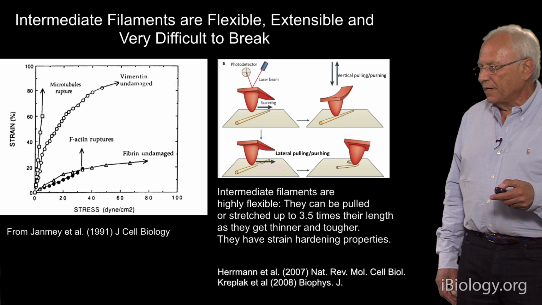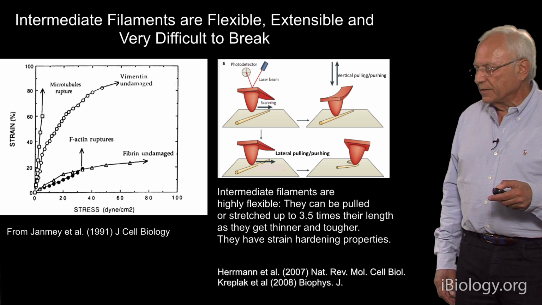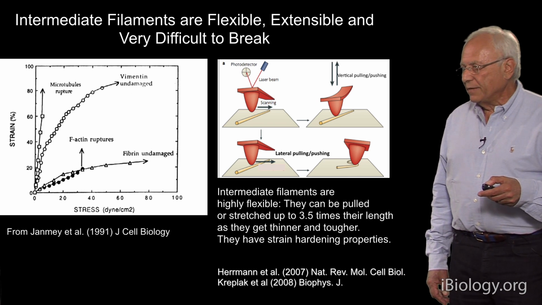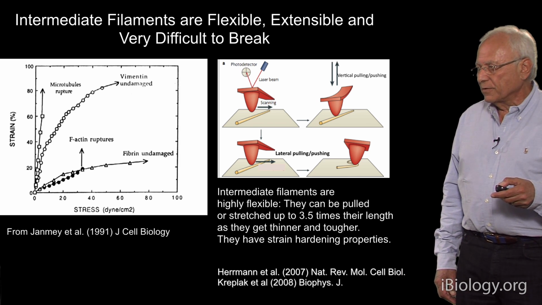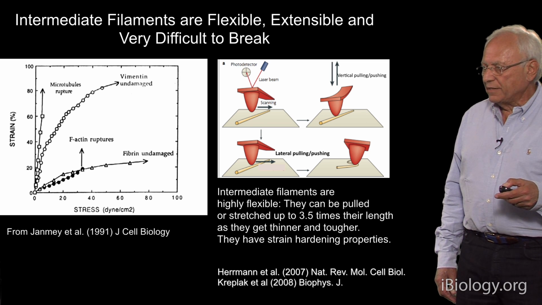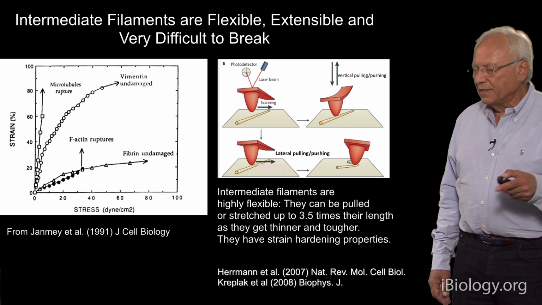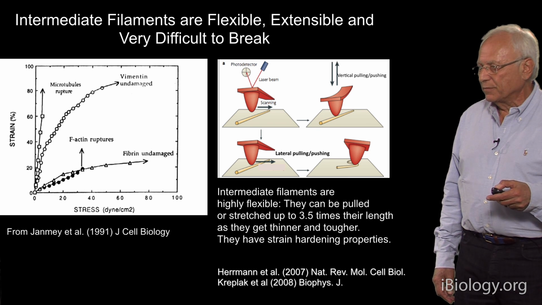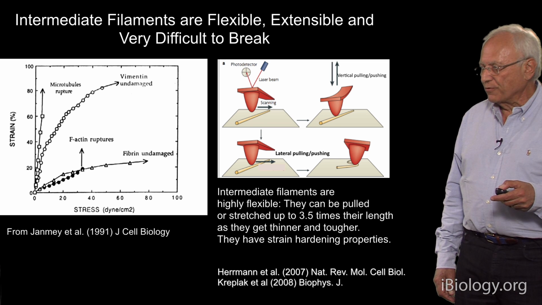in an old paper by Paul Janmey many years ago, he demonstrated that under conditions of stress and strain in vitro, intermediate filaments remained undamaged, as you can see in the panel on the left, whereas microtubules and actin filaments ruptured at relatively low shear stress in this preparation.